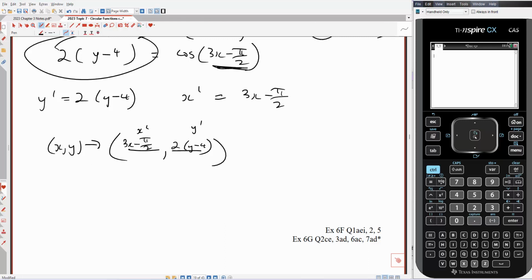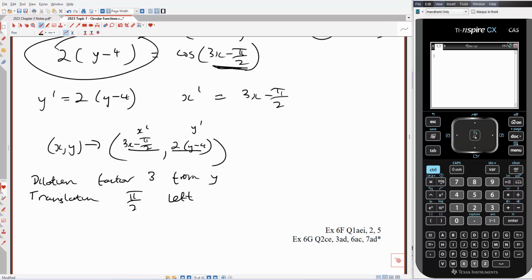So let's read them off. x starts with multiplied by 3. This is a dilation factor 3 from y. This one here is a translation π/2 to the left.